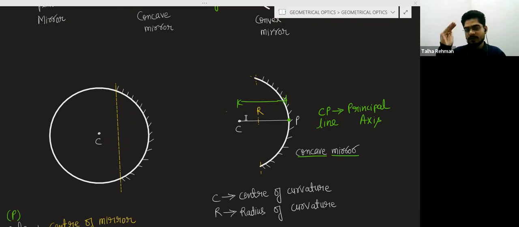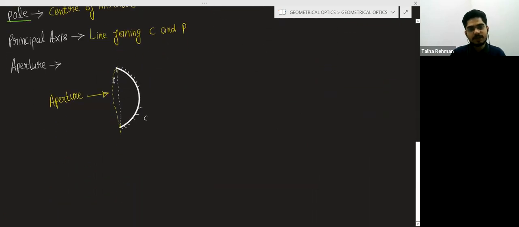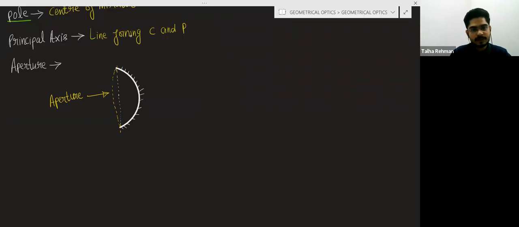Suppose this is a mirror, so this portion of the mirror will be the aperture. We can show the aperture like this. This whole portion will be the aperture. So this is the mirror and this is the aperture.